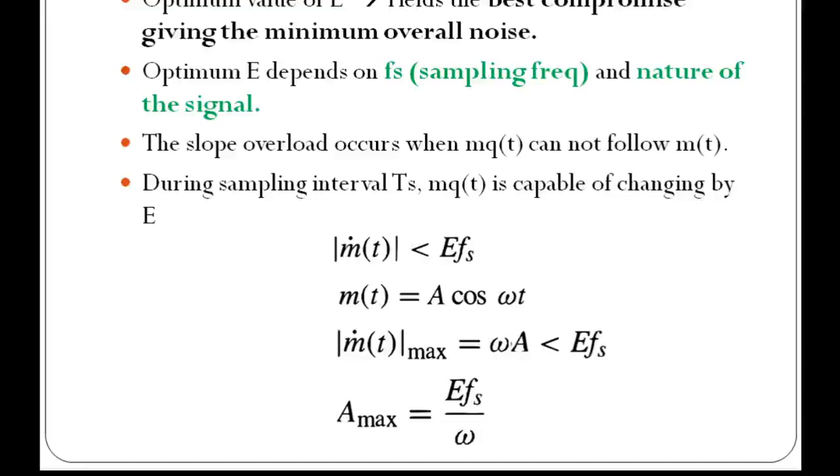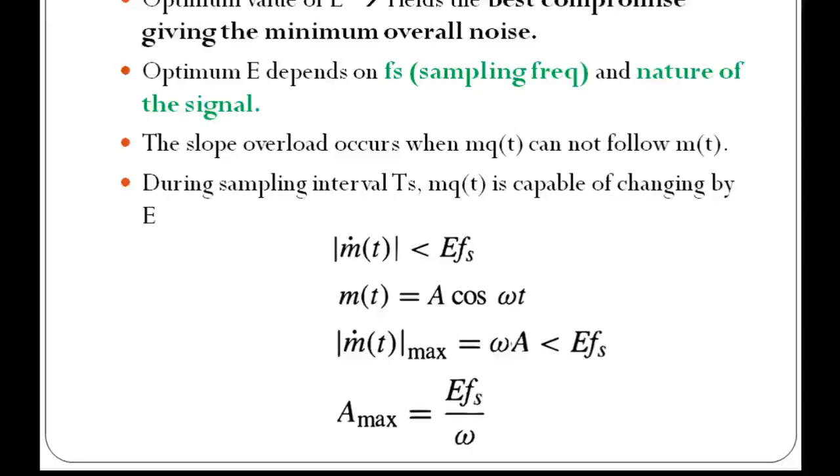Hence the maximum slope that mq(t) can follow is E by Ts, or simply 1 upon Ts is Fs, so it is E into Fs, where Fs is the sampling frequency.